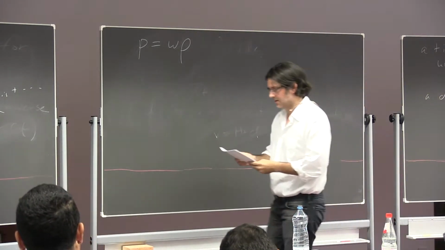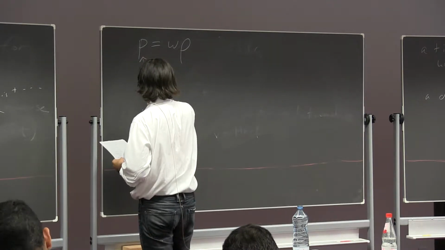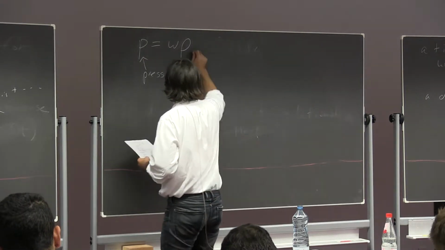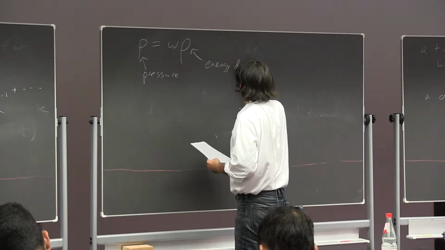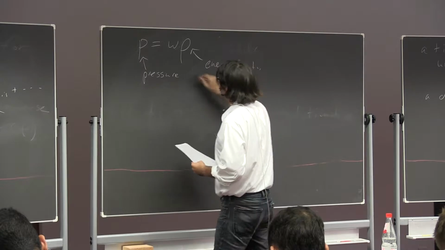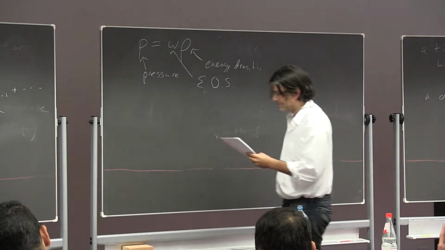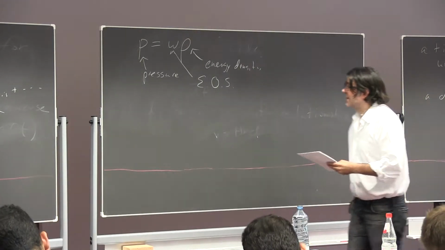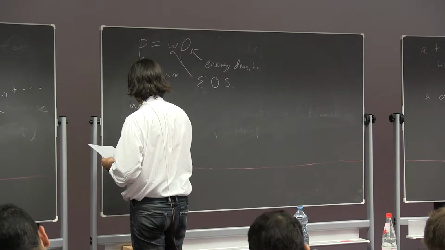Properly, this should be a derivative relationship, where there's a relationship between the pressure of a fluid and the energy density, and an equation of state parameter w. We can put then different categorizations on the different parameters of equation of state that we see.